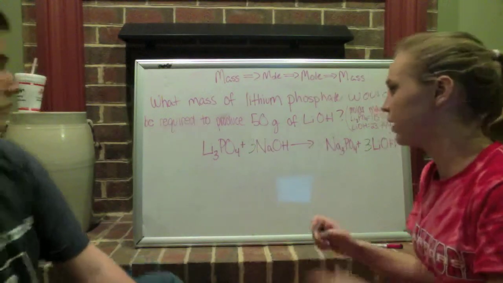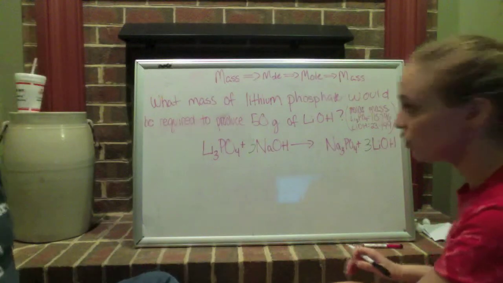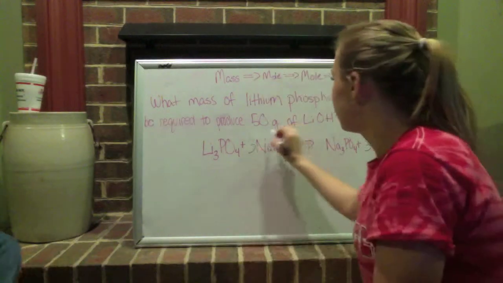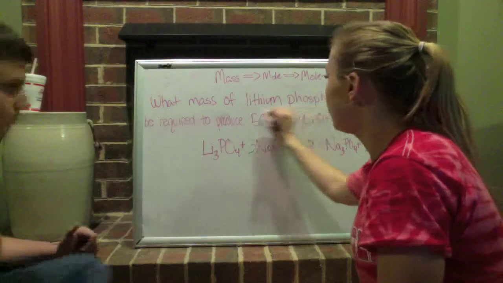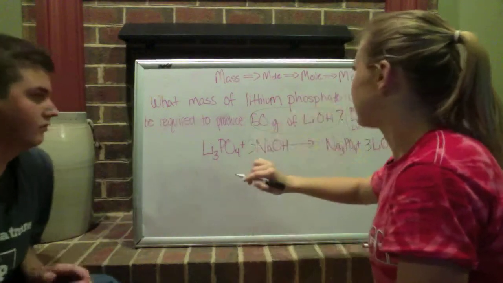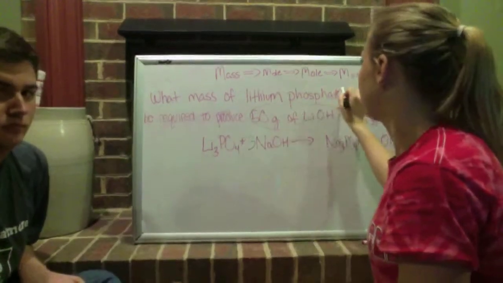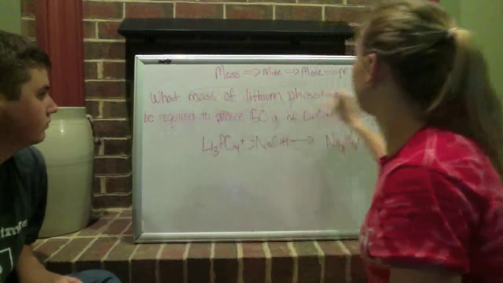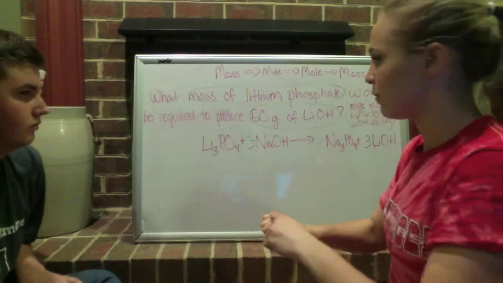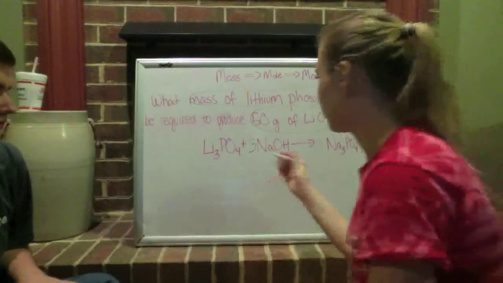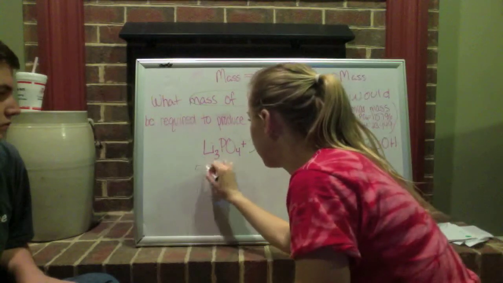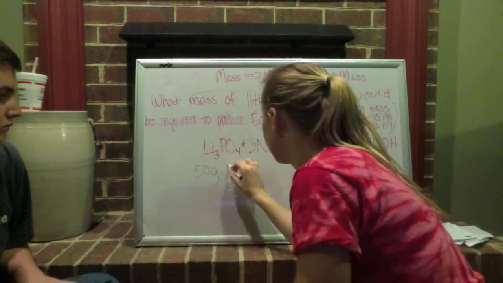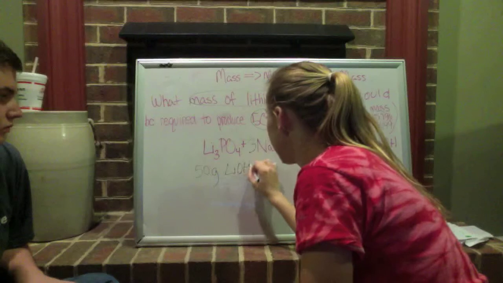So now you can go into dimensional analysis. Your known is the 50 grams of lithium hydroxide, and you're trying to find the mass of lithium phosphate, which will be in grams. So first we're going to do 50 grams of lithium hydroxide.